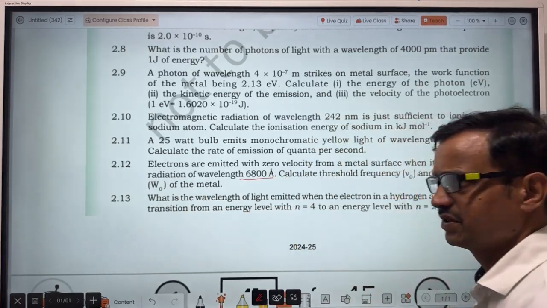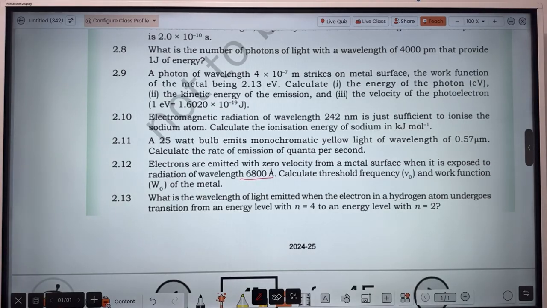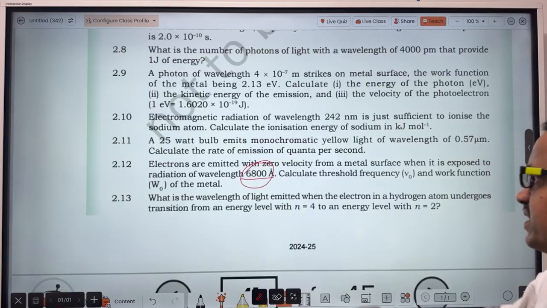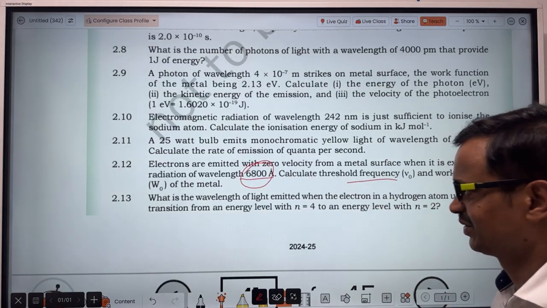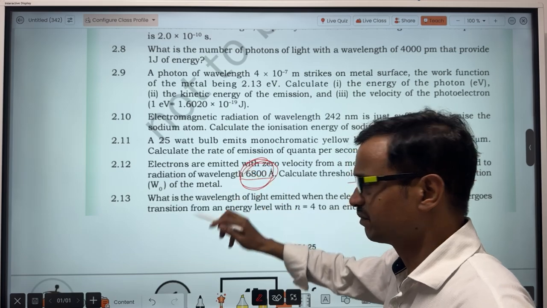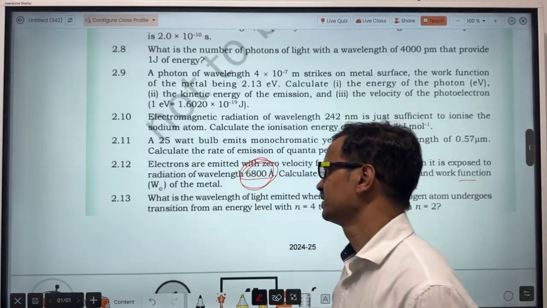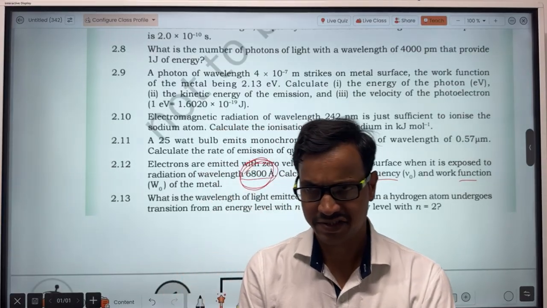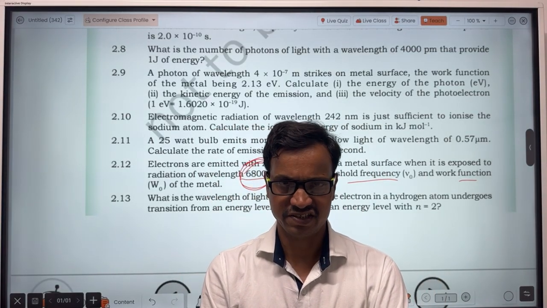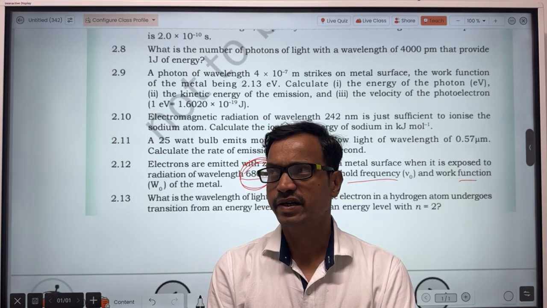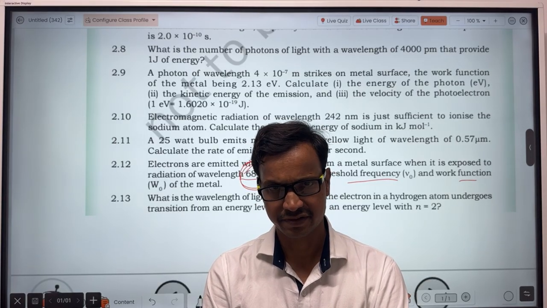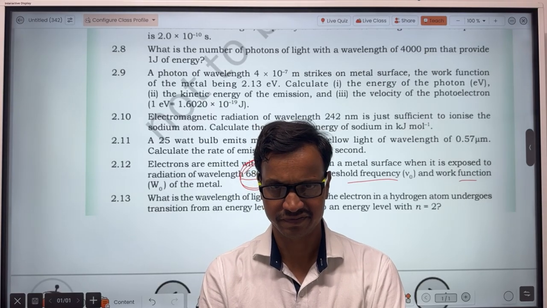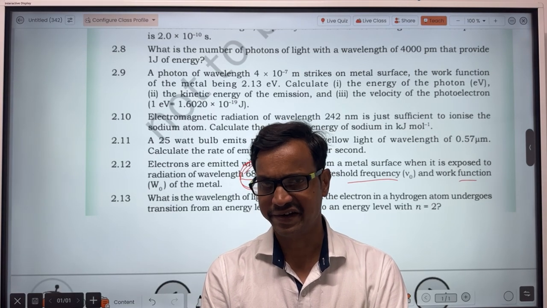So what is the energy of one photon? That is just sufficient to release the electron. It is asking for the threshold frequency and the work function. When we calculate the energy of the photon, that energy will be equal to the work function, because that energy is only sufficient to release the electron, and there is no kinetic energy.